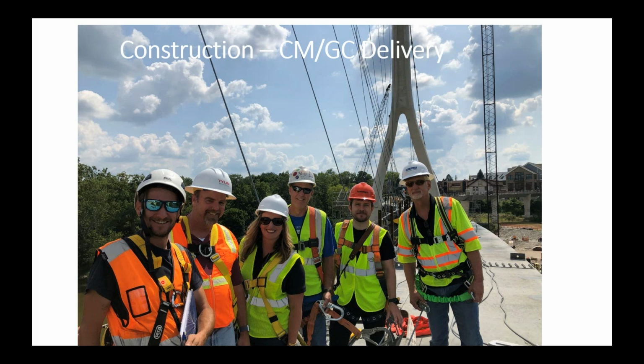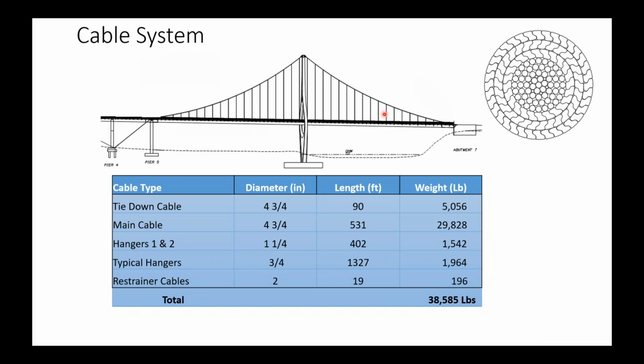I mentioned the cable contractor, and again, the element of the construction that differentiates this the most from conventional construction is these cables. So I'm going to spend a little time talking about the cables and the cable system. The cables are divided into, I'd say, 5 different categories here, and I'll briefly talk about each of them.